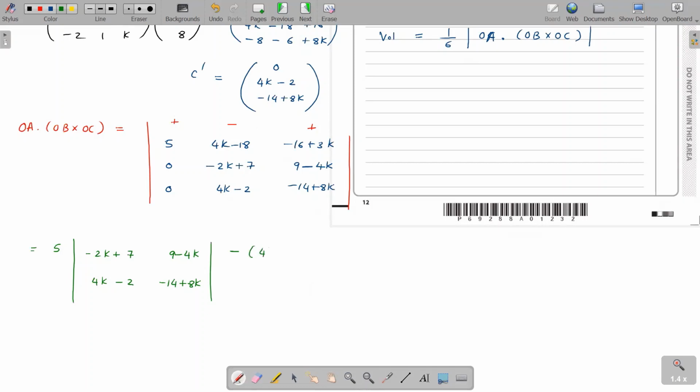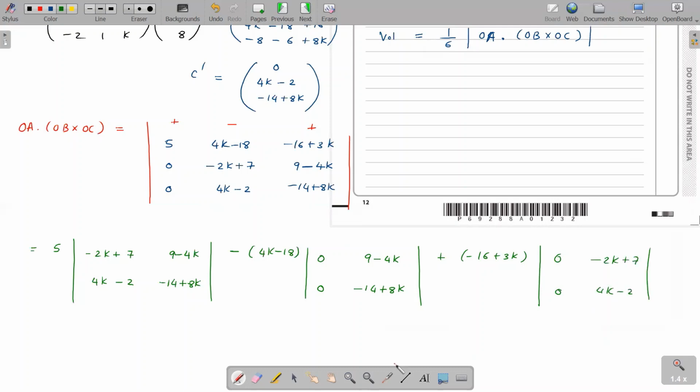Next one, minus 4k minus 18, remove the row and column. So it's 0, 0, 9 minus 4k, minus 14 plus 8k. Next one, plus minus 16 plus 3k. I'm just getting the determinant here, okay? Remove the row and column, 0, 0, minus 2k plus 7, 4k minus 2.